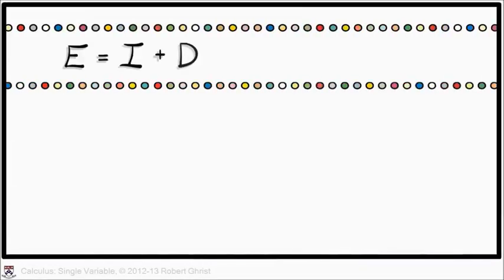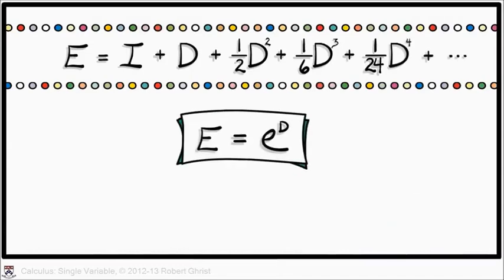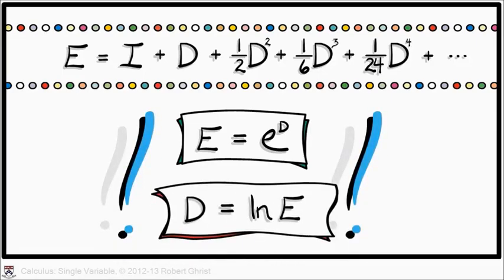That is really a deep observation, that the shift E, just moving to the left by 1 unit, is I plus d plus 1/2 d squared plus 1 over 3 factorial d cubed, etc., etc. The shift is the exponential of the differentiation operator. Or, if you like, you can think of the differentiation operator d as the natural logarithm of the shift operator.